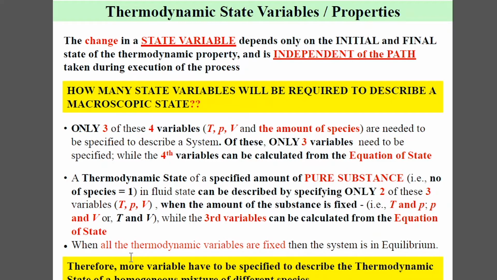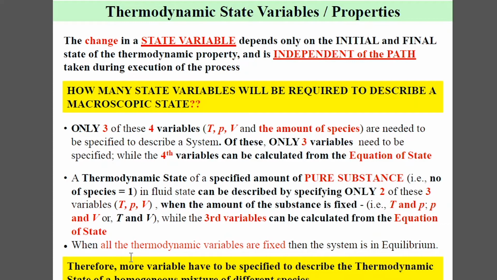Only 3. If I deal with ideal gases, I require only 3 out of the 4 variables: temperature, pressure, volume, and number of moles or amount of the species.